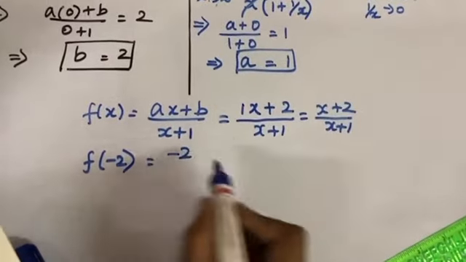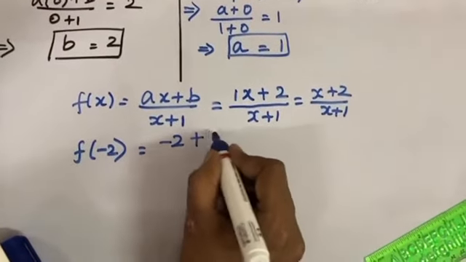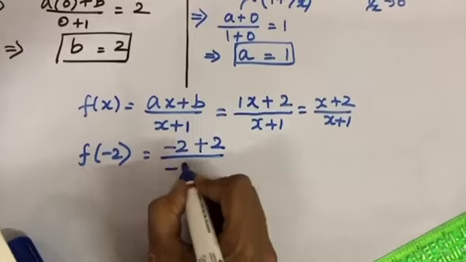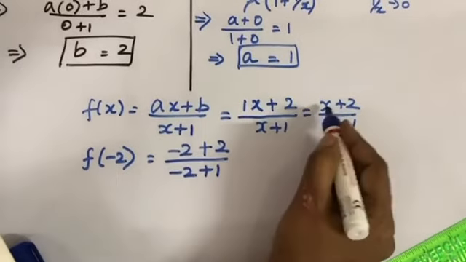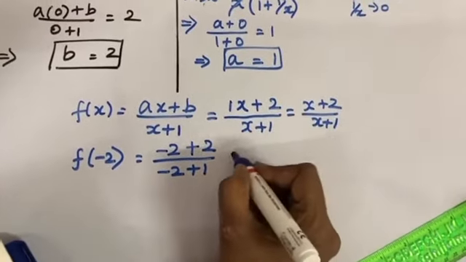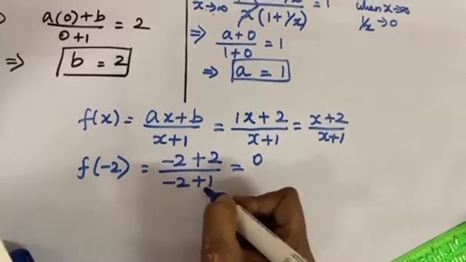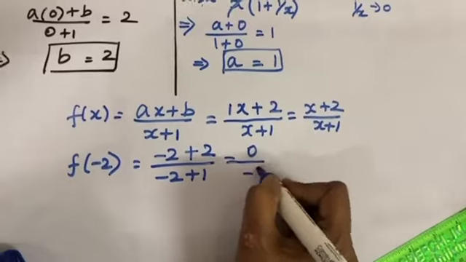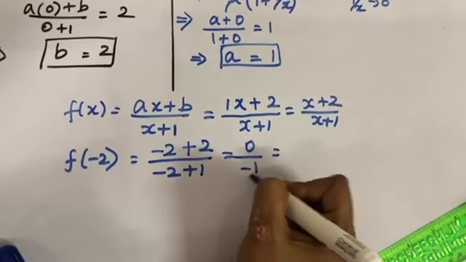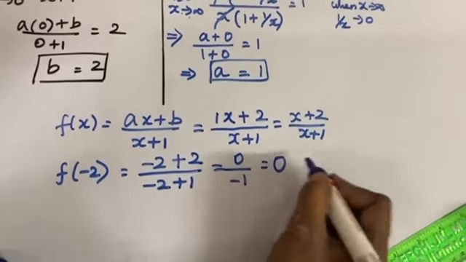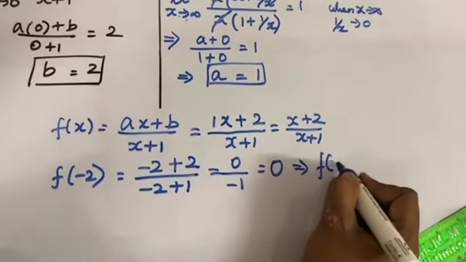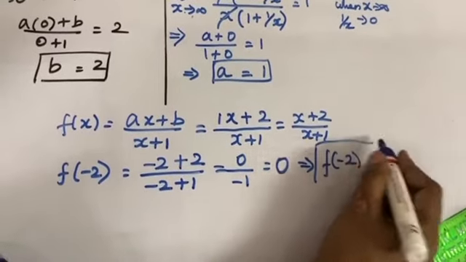So f of minus 2 is minus 2 plus 2 divided by minus 2 plus 1. Minus 2 plus 2 is 0. Minus 2 plus 1 is minus 1. 0 divided by minus 1 is equal to 0. That implies f of minus 2 is equal to 0.